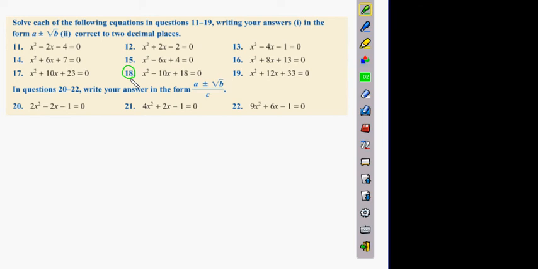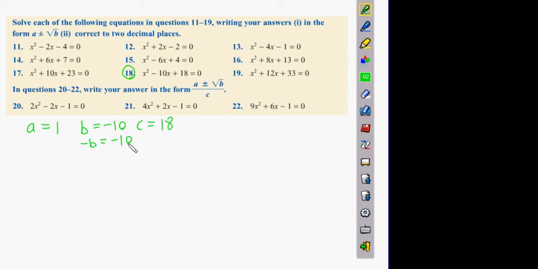So with number 18, we're going to have a equals what, Nick? A equals 1. And then, Nicholas, what about b? B equals 10. Not 10, minus 10. c equals 18. Okay, what's minus b then? Minus 10.